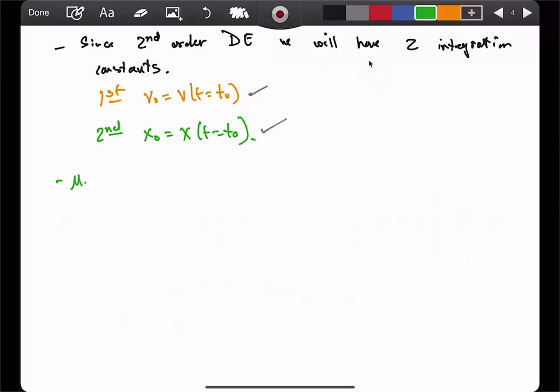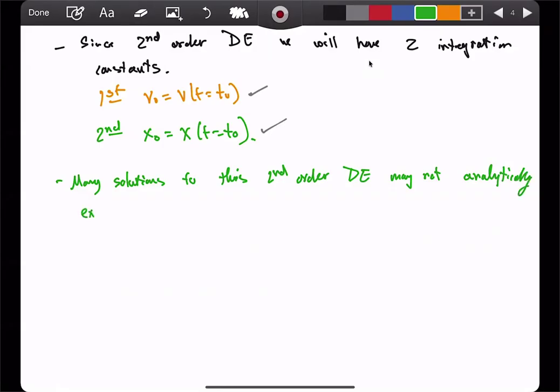Many solutions to this second order differential equation may not analytically exist, meaning that we cannot find them in closed form. So there's no actual function that this integral will allow us to solve for.